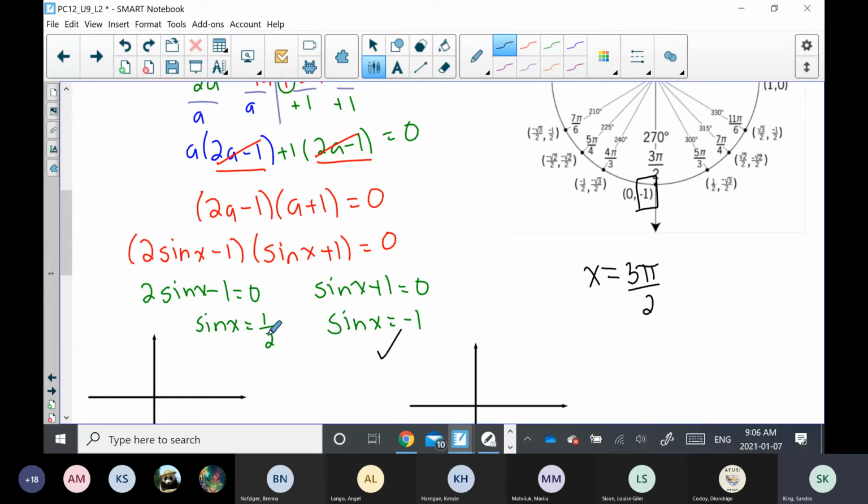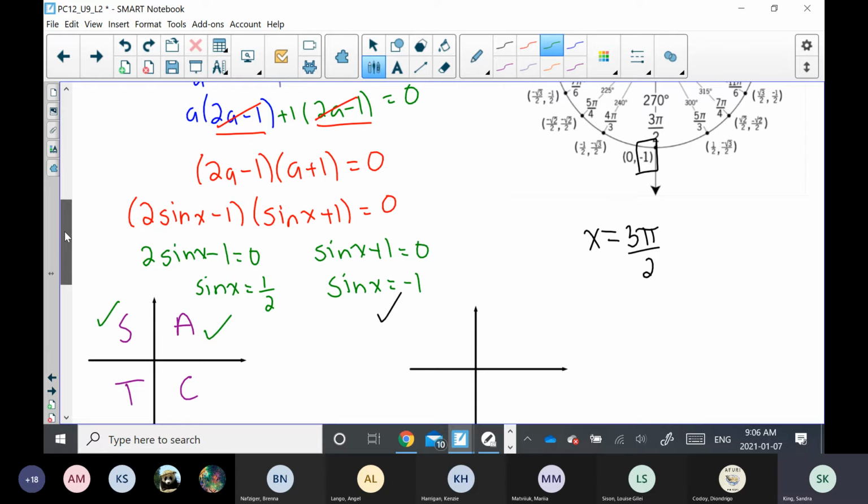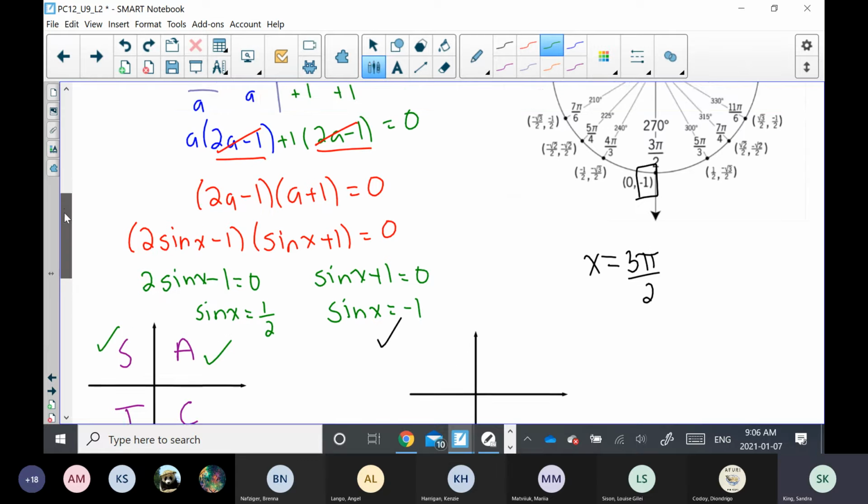My other answer, now I've got to go over here. Where is sine 1/2? So before I find this one, just remember, according to the CAST rule, sine is positive here and here. So I'm going to have two different answers, in quadrants 1 and 2. So I'm going to find where y is 1/2 in these two quadrants.